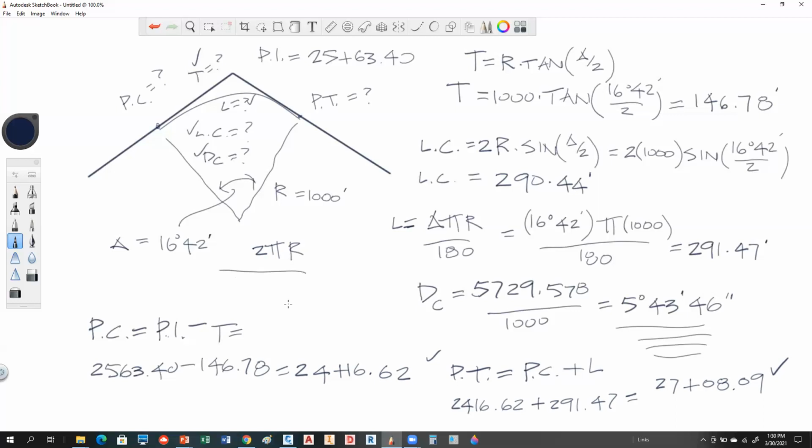Is that correct? Okay. So if you have a circle and the distance around it is 2 pi r, the angle on the inside would be an angle of what? 360 degrees, right?